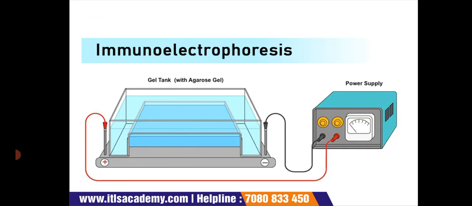In short, if we understand immunoelectrophoresis, it works like an agar or agarose gel electrophoresis. It is used for the separation of proteins based on charge, mass ratio and antigenicity. First, the proteins are separated.